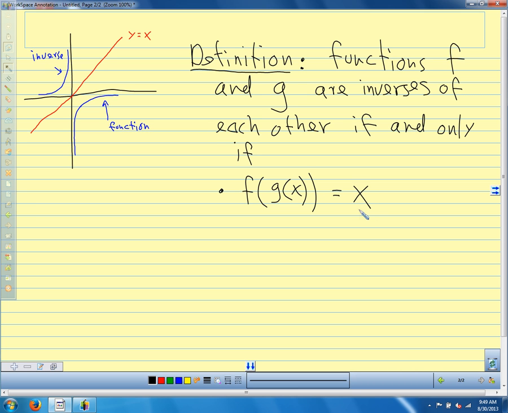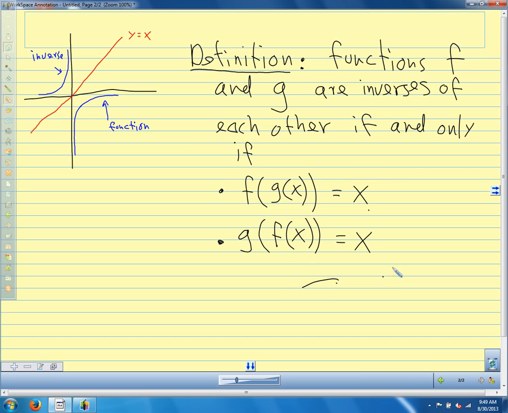We make the composition of f and g and we get x back out, and this is for x in the domain of g. And g of f of x, the composition going the other direction, gives us x also. For this one, we have to have x in the domain of f.